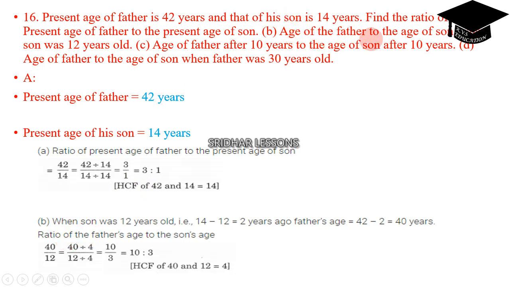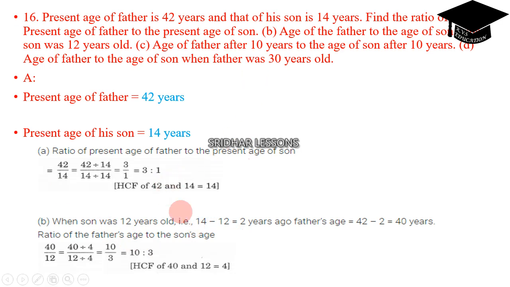Question B. Age of the father to the age of the son when son was 12 years old. When son was 12 years old, that is 14 minus 12 is equal to 2 years ago, father's age is equal to 42 minus 2, that is 40 years. Understood this one? When son was 12 years old, that means right now the son is 14 years.